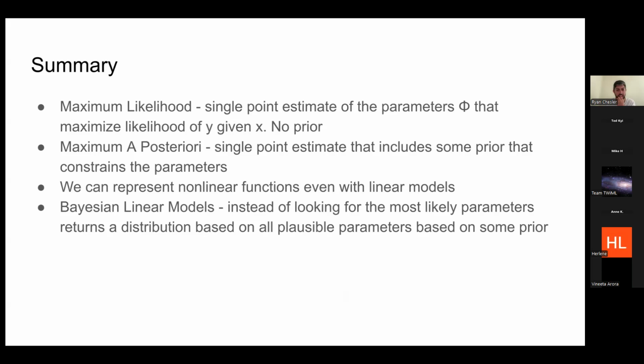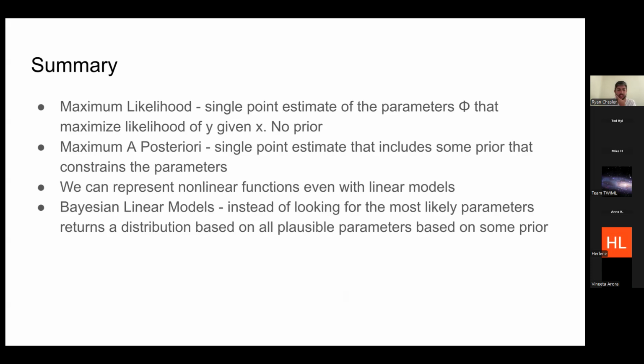One of the powerful things that we talked about is that these linear models don't necessarily have to represent linear functions. They can also do nonlinear. You can do polynomial or some other transform that allows you to do regression of even more complicated representations.